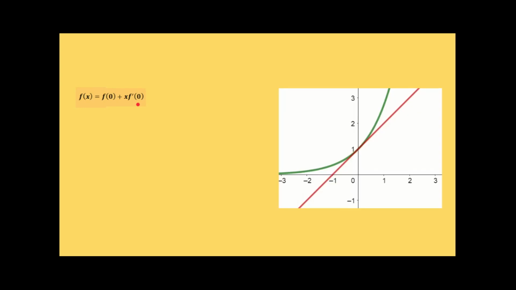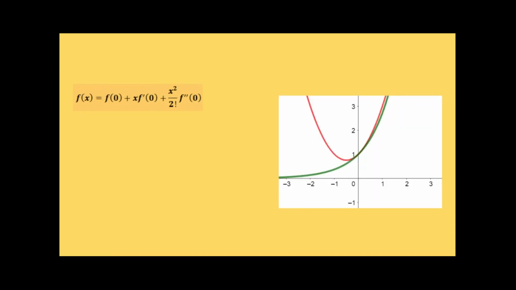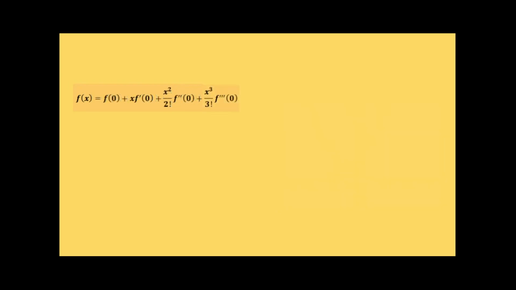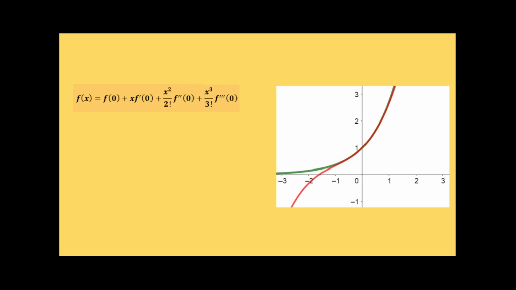There it is. We said we can improve it by turning that into a quadratic, and we found the second derivative for x equals 0, and so by using x squared over 2 factorial, this will give us a second derivative the same as our function when x is 0, and so on. Same with the cubic.